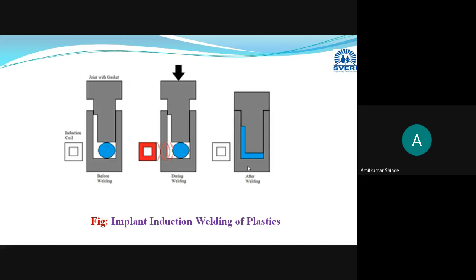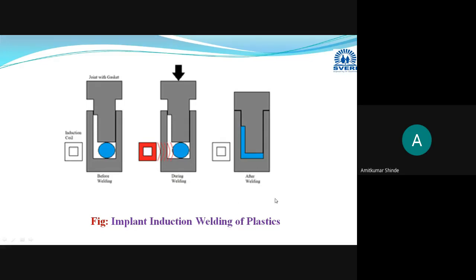In implant induction welding, we are using an electromagnetic adhesive material. With the help of the inductor coil and high frequency alternating current, we create the heat here, and with the application of pressure, the joint is created.